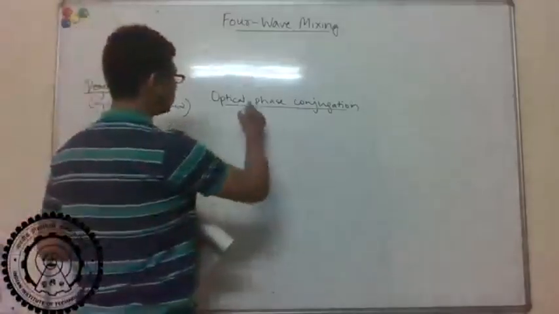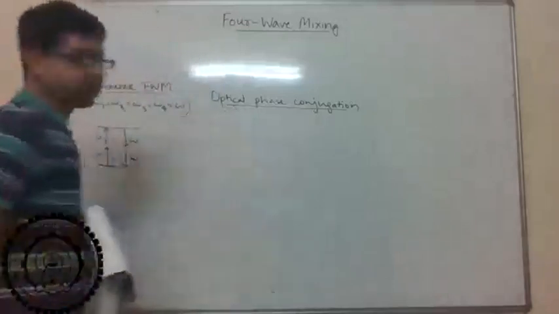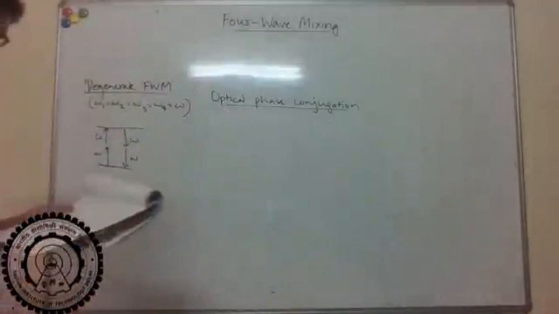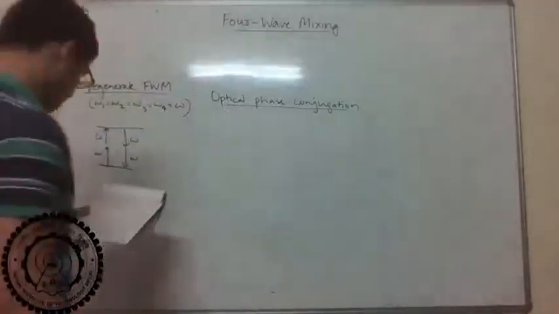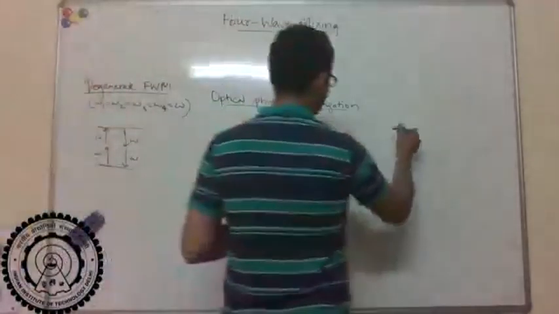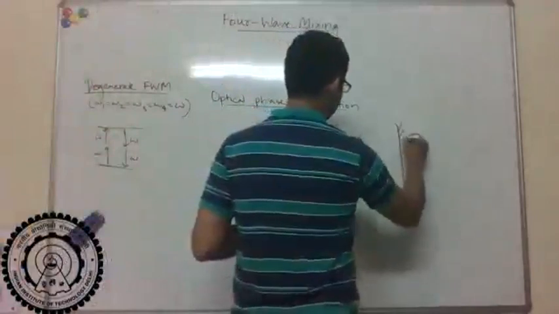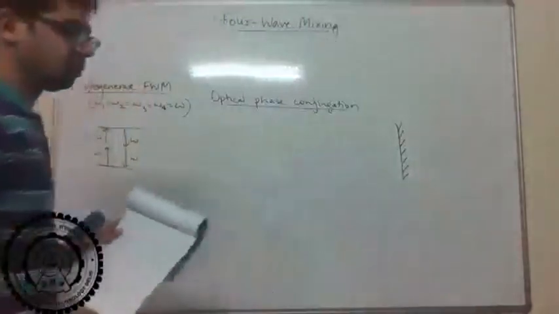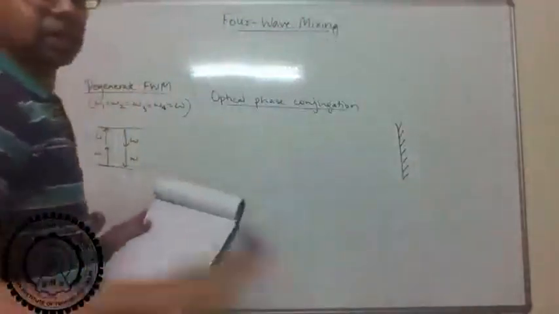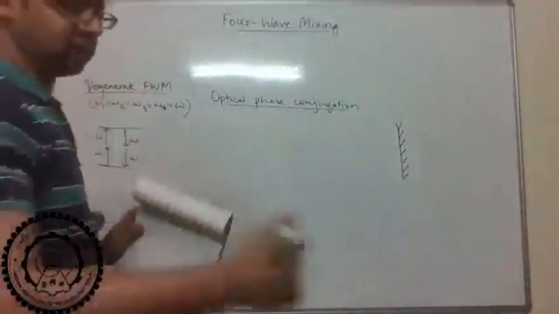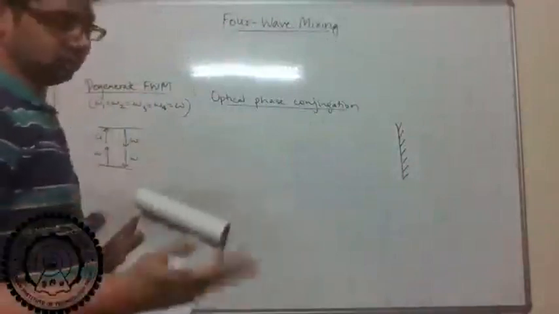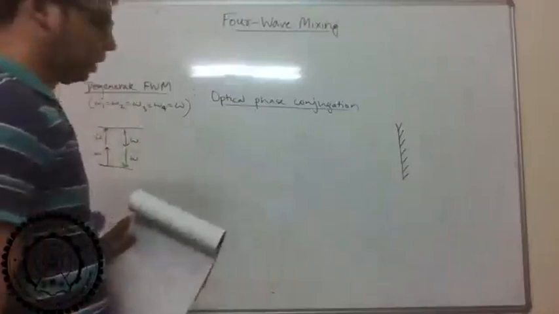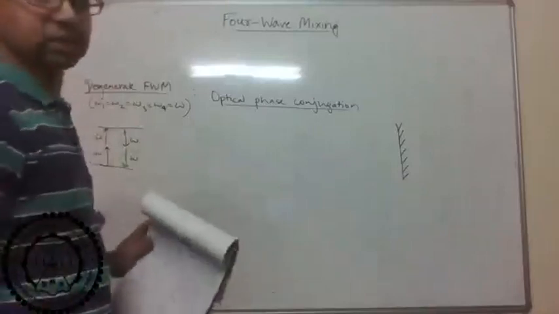Before we do that, let's discuss what we mean by optical phase conjugation. The motivation for this is, let's say I want to image something, but there is some turbulent medium between what I want to image and myself, which is distorting the image.